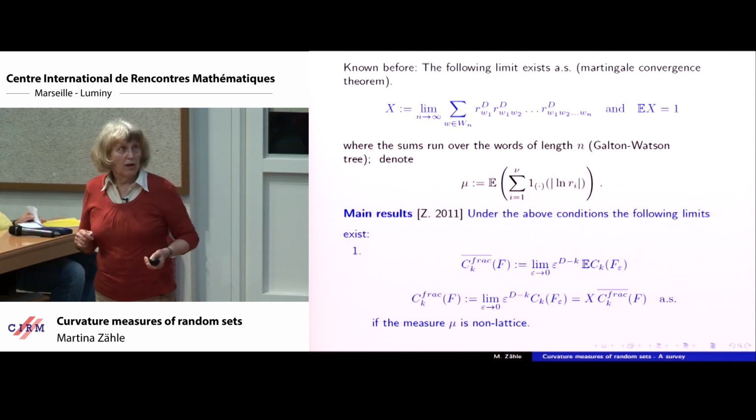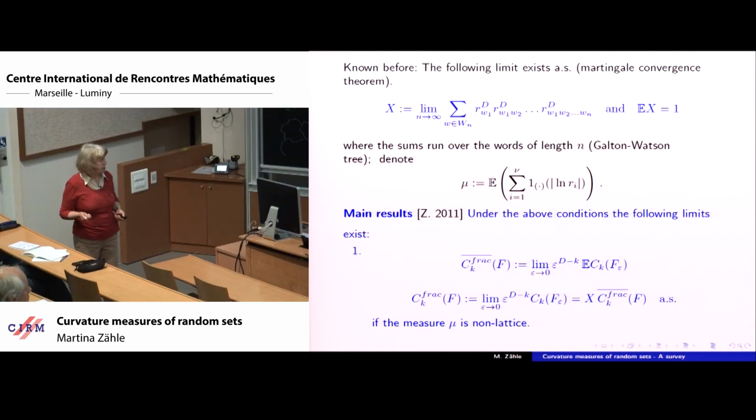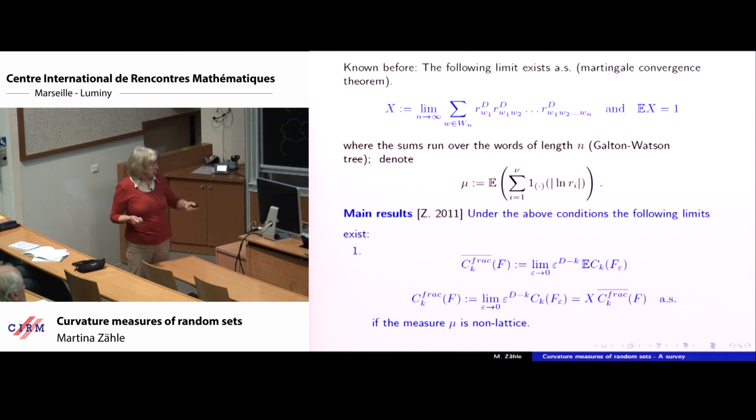In both cases, the formula expresses some fractal variance. One has the mean value result, and one has the probability 1 result. And one has that such a limit exists. But here there comes in additionally the number x, a non-negative real number.